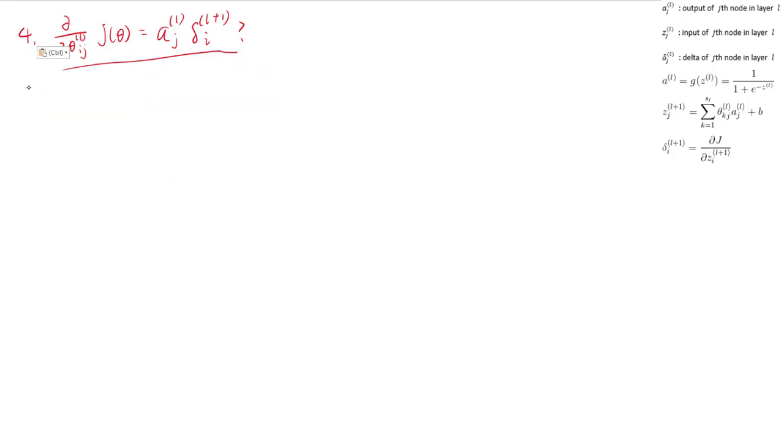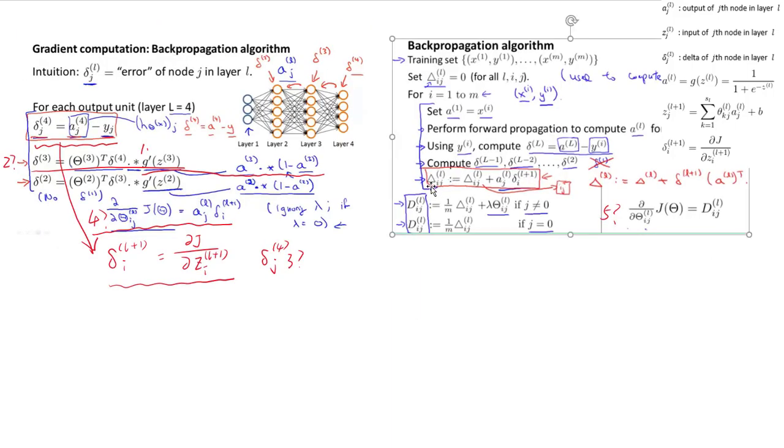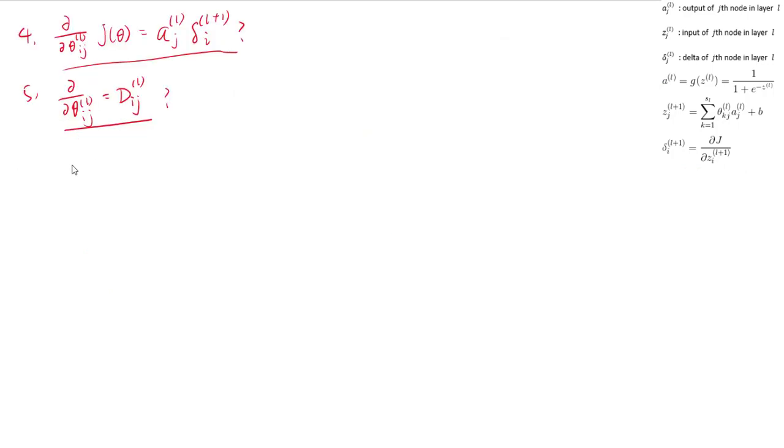Now, lastly, we need to prove why we have partial J over partial theta ijl equals big delta ijl. If we already have 4, why do we need 5, and why is it correct? If you look at the slide earlier, we can see that the big D is the mean of all the summations among all the samples of a jl multiplied by delta i l plus 1. Let me make it more clear.